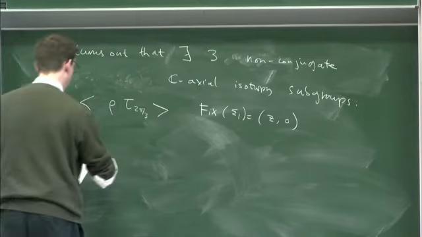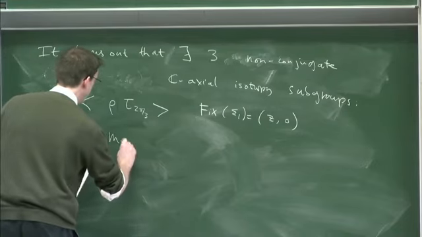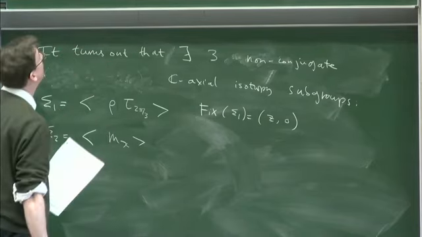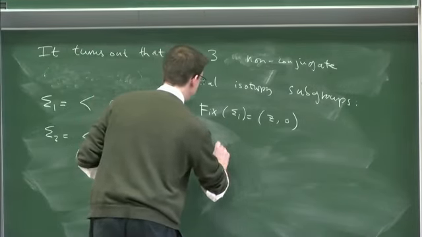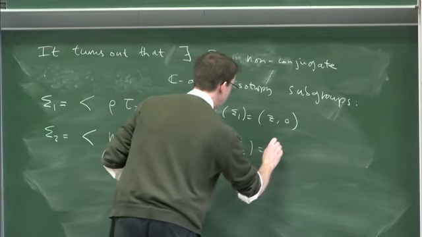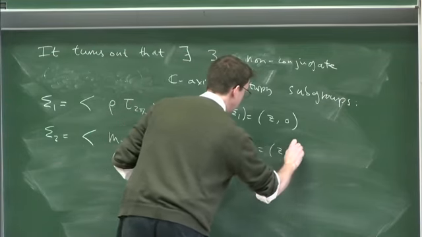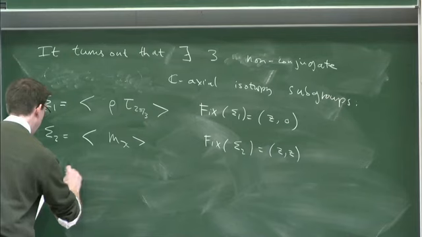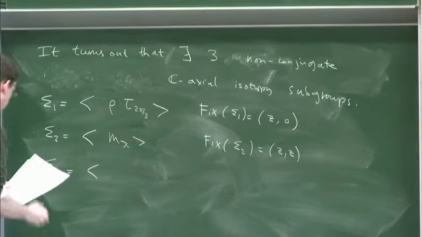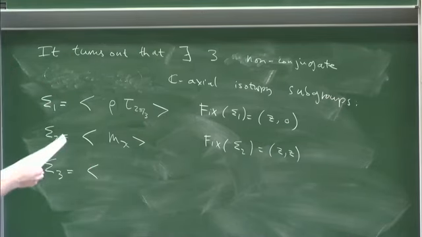If I think about the isotropy subgroup generated by reflections, that's going to fix points that are the same in both coordinates. And then the third one is slightly less obvious.